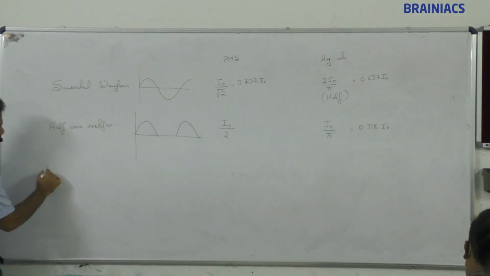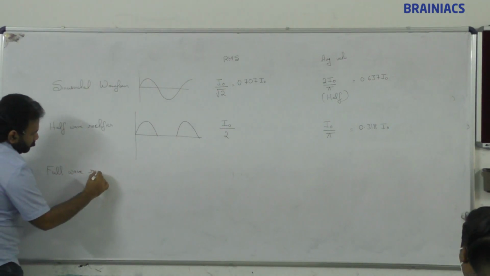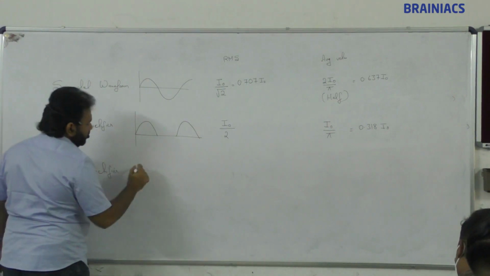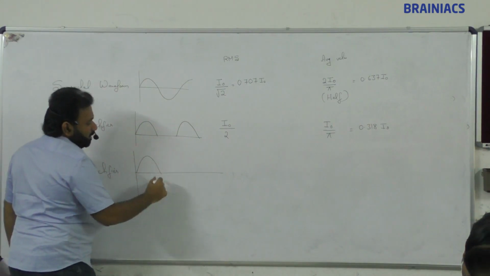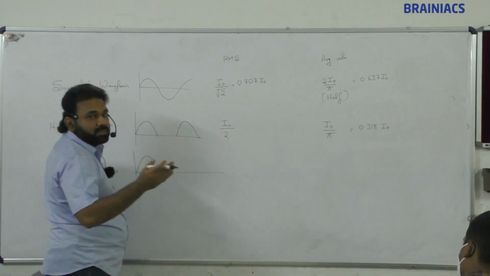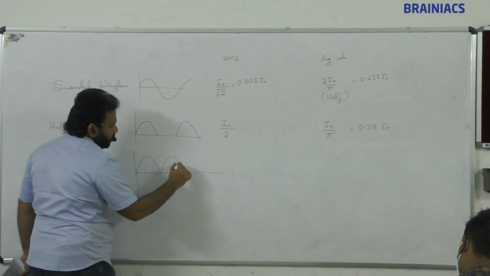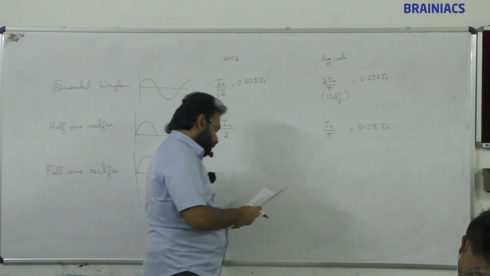For full wave rectifier, positive sides they will allow, negative sides they will flip and send as positive side. So this is how it is going to come for full wave rectifier. Clear or what?